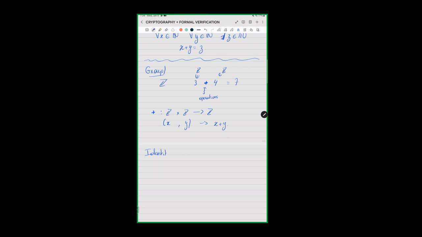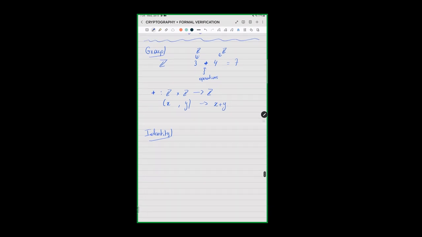In the integers, you've got a certain number, which is 0. You will agree with me that if we take any integer x, then x plus 0 is going to be equal to x.